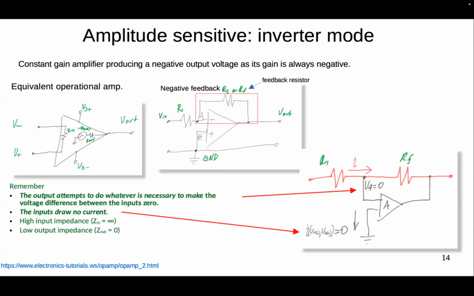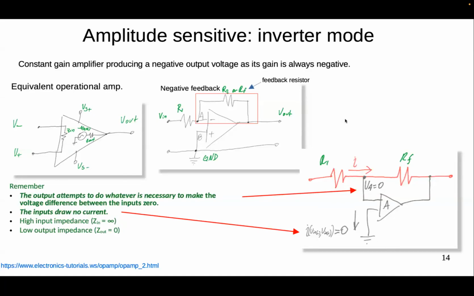Okay, so here is the first, a bit more complicated, analysis of an operational amplifier. Before, we were seeing a configuration of an op-amp which was not using any feedback from the output to the input.